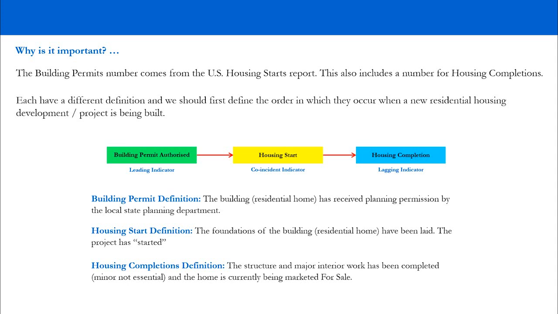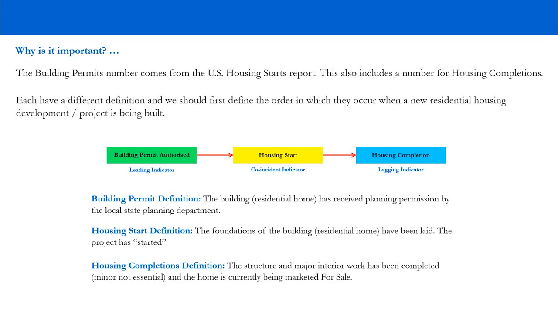And building permits, right at the beginning, this is the permit from the local state planning department giving planning permission to actually build the residential home. So you can see how the flow works.